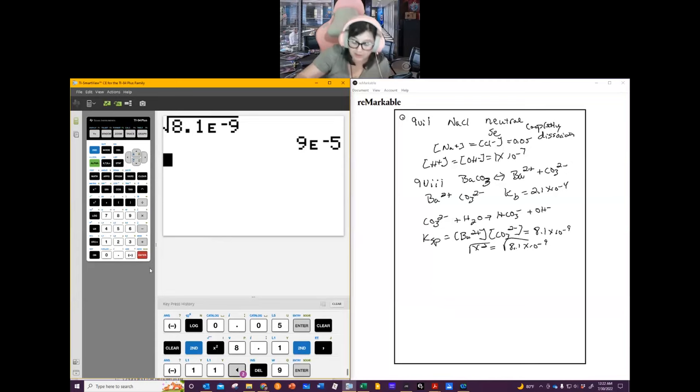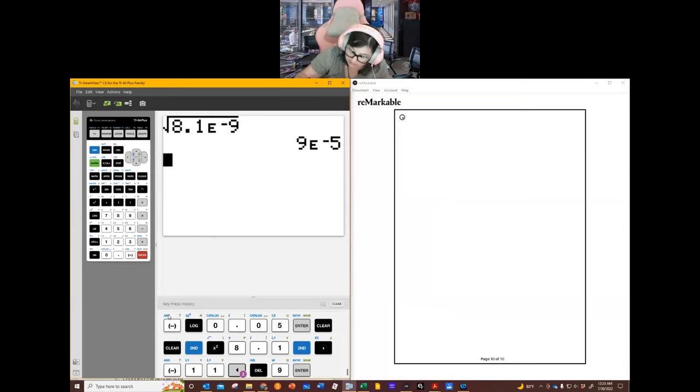It gives me 9.5 times 10 to the minus 5th. So my Ba 2 plus equals my CO3 2 minus, and that is 9 times 10 to the minus 5th. That I can then put into this.